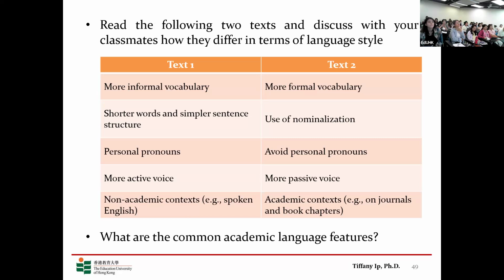So we avoid using personal pronouns I, you, we in academic papers. More active voice is used in informal articles, and more passive voice in formal articles, just to avoid using personal pronouns. And then the focus will be more on the thing or the procedure or the action if we use passive voice. And the context is different, right? So these are the things that you can start to pay attention to when you read more academic papers.